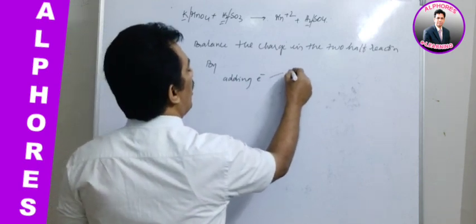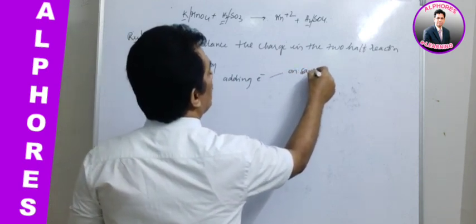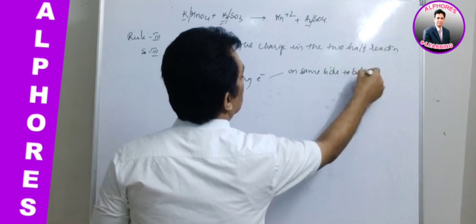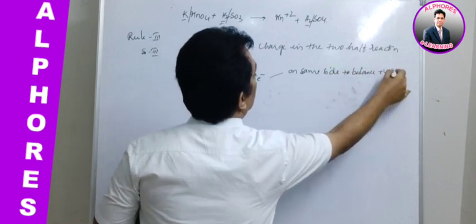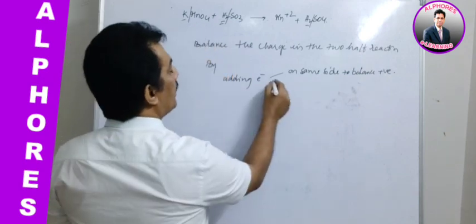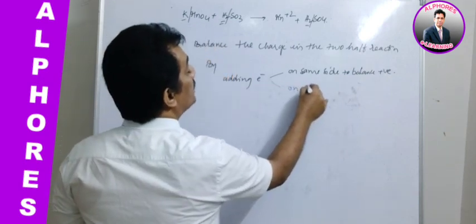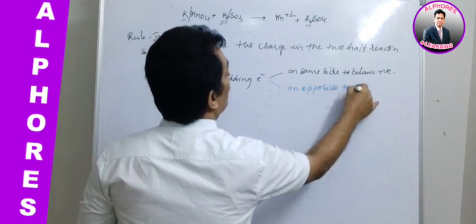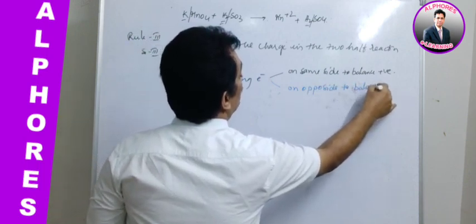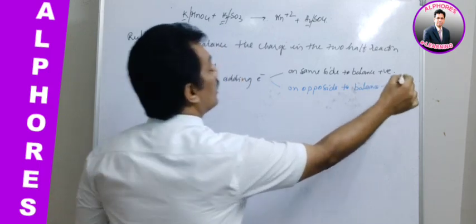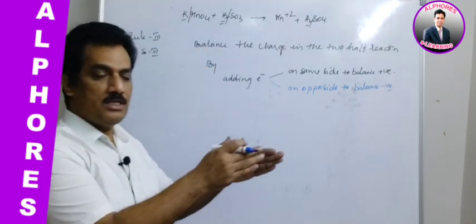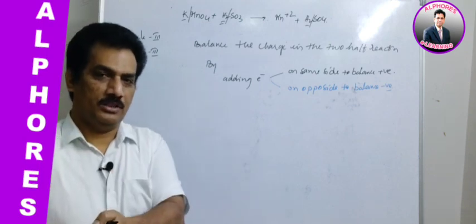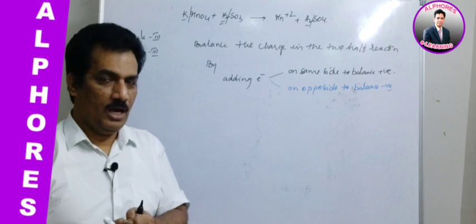Add electrons on the opposite side to balance negative charge. So in case negative charge is present this side, you have to add the electron on the opposite side. That is a simple technique. Are you following?